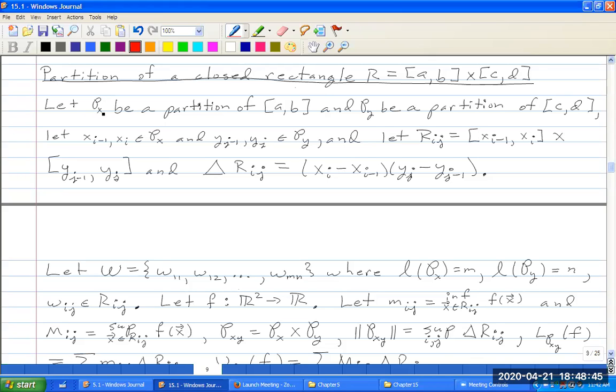Let P sub x be a partition of the closed interval AB, and let P sub y be a partition of the closed interval CD that we defined above.